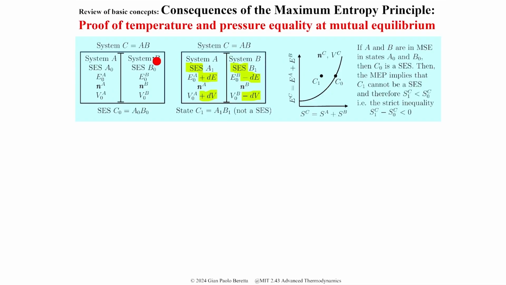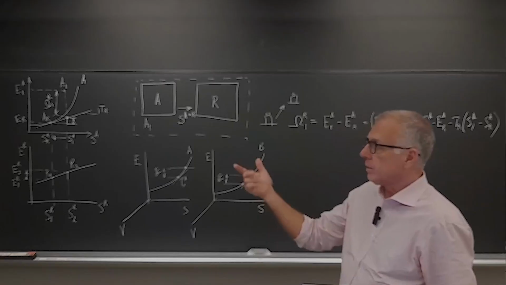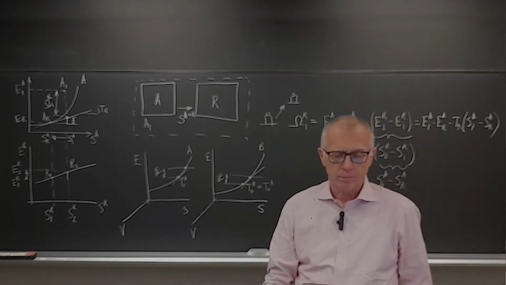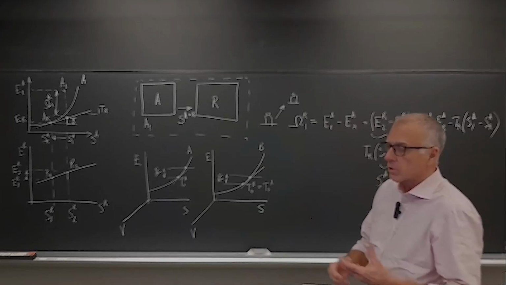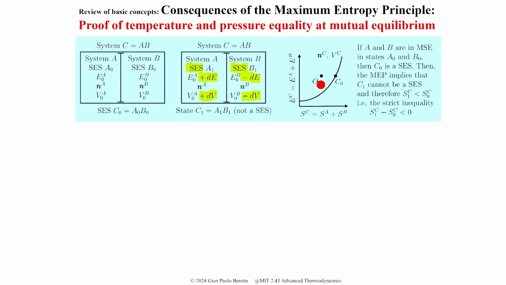So the partition between system A and B is movable, and let's move the partition slightly to the right so that A gains a little volume dV and B yields a little volume dV. Okay, so now we constructed this state C1 that has the same energy and also the same volume for system C.